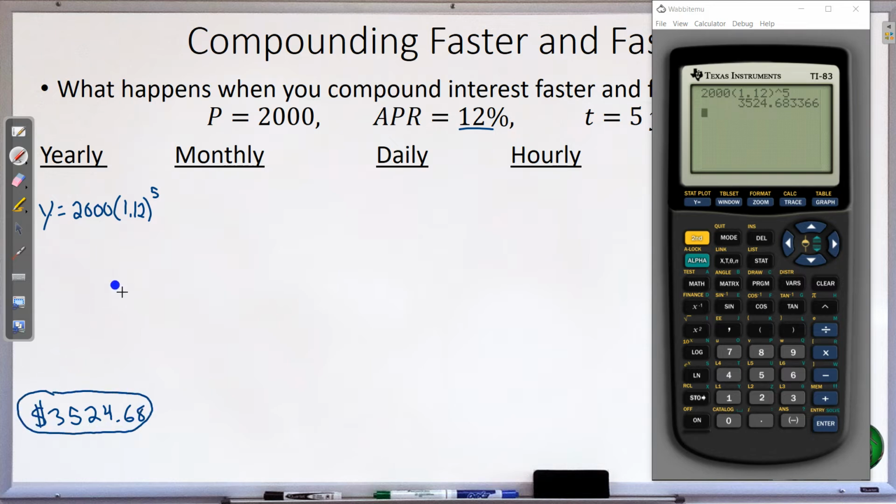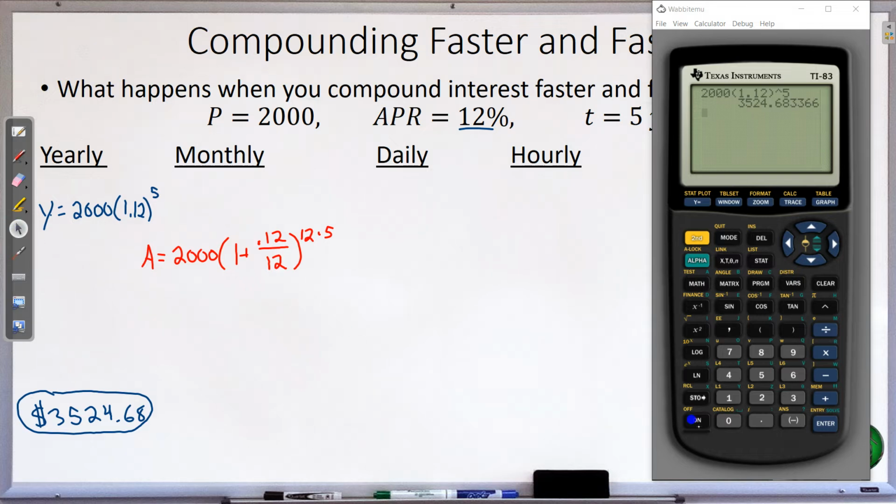All right, now monthly. So monthly, we have to use our compound interest formula, which is A is equal to 2,000 times 1 plus the interest rate divided by how many times we're compounding it, which is going to be 12 because there's 12 months in a year, and then to the power of 12 times the 5 years.